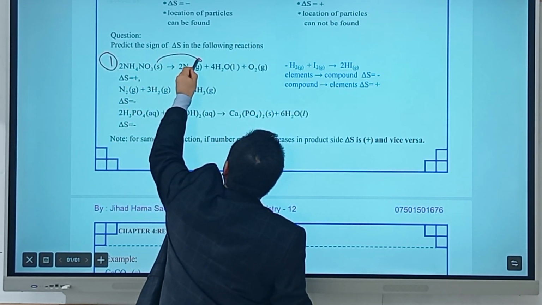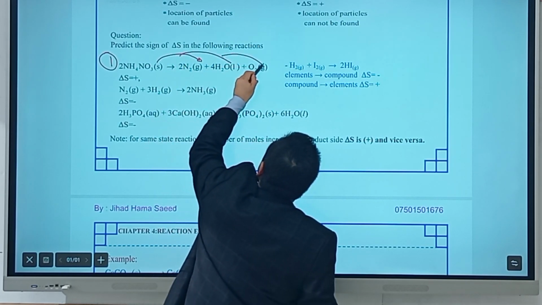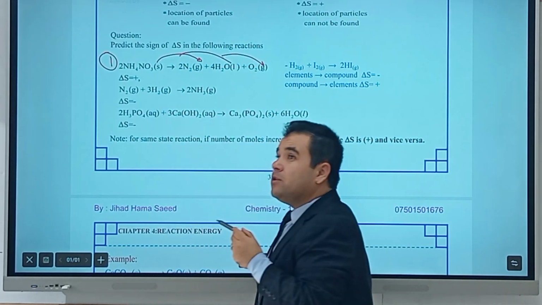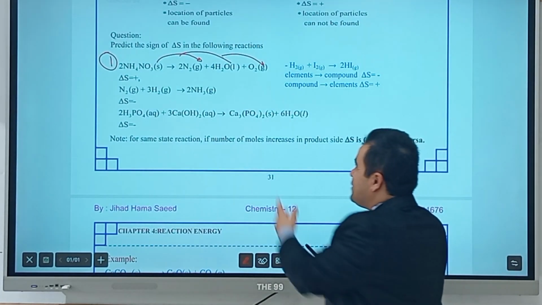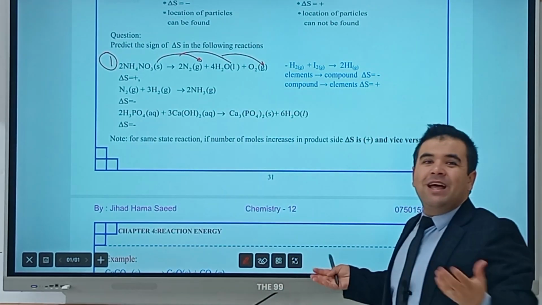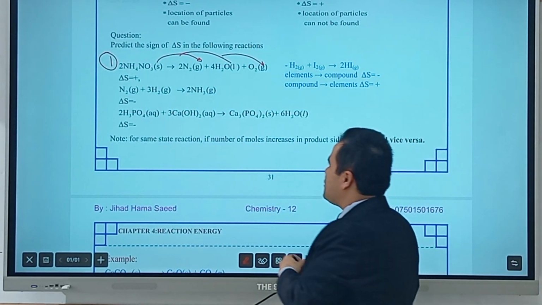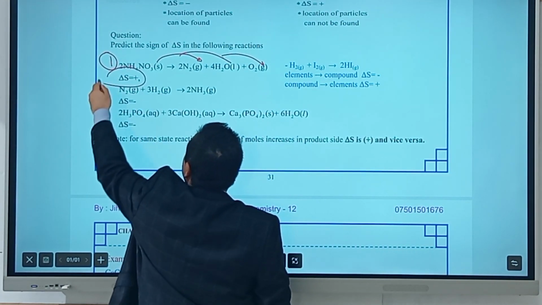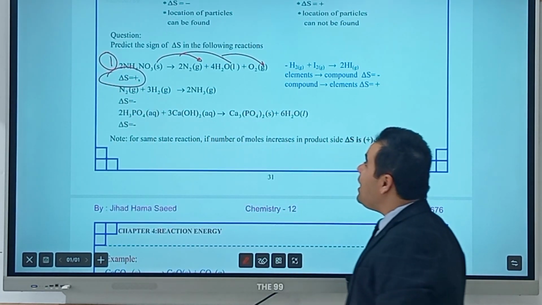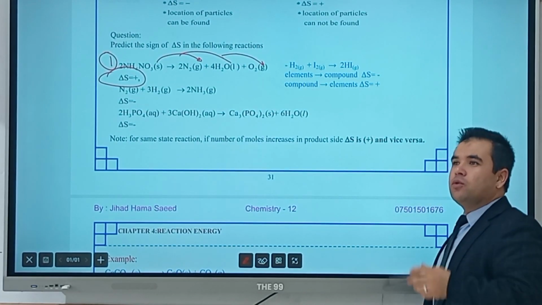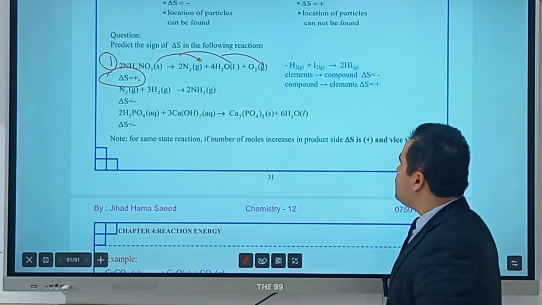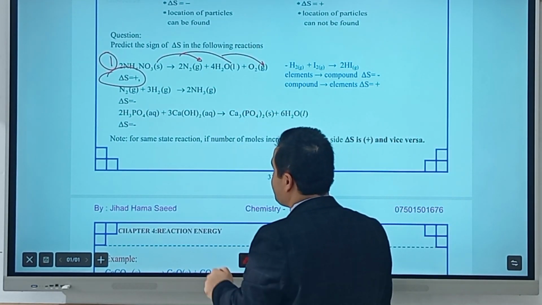Solid goes to liquid and gas, so different physical states. That results in a positive entropy. So the entropy of this reaction is positive, because the solid goes to gas. If it's the reverse process, it results in a negative entropy.